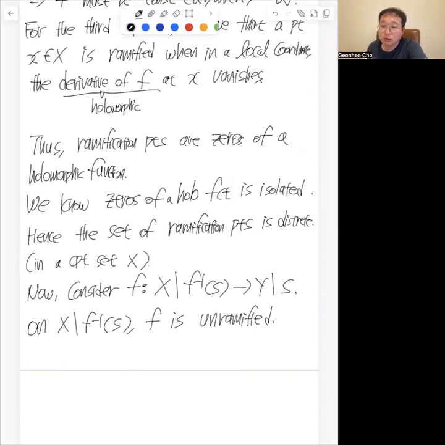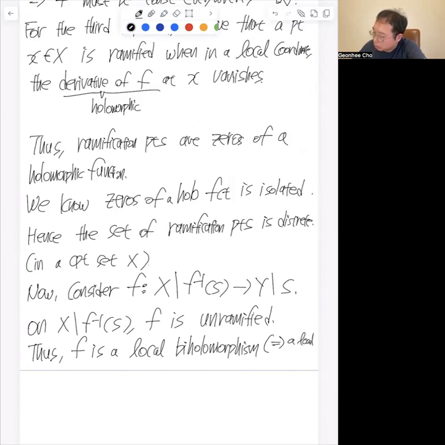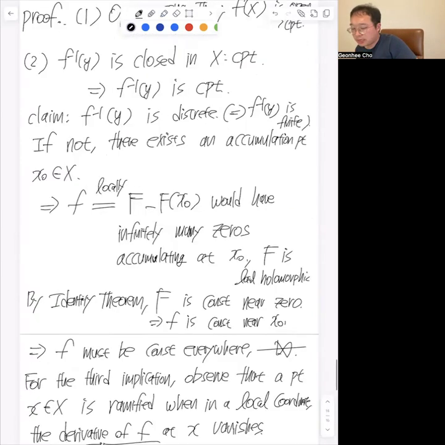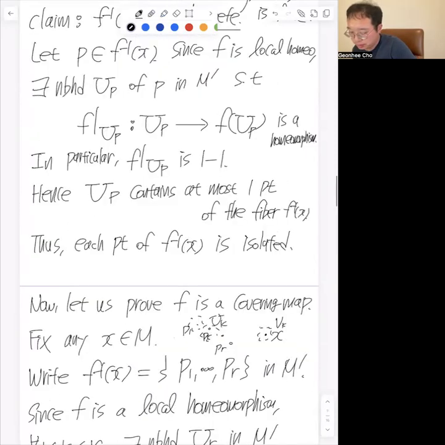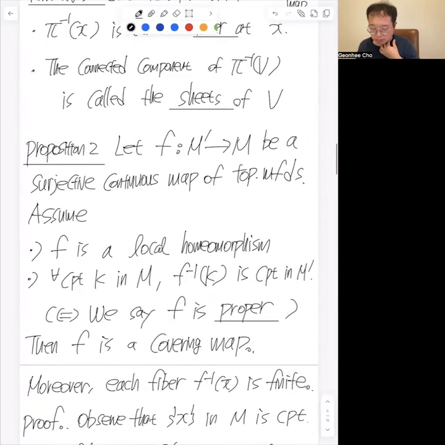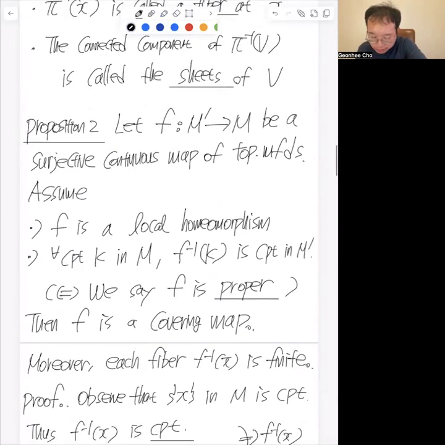So locally it is a biholomorphism, especially locally it is a local homeomorphism. So it satisfies the first condition of Proposition 2. So now this condition is okay. Now we need to see the second condition.